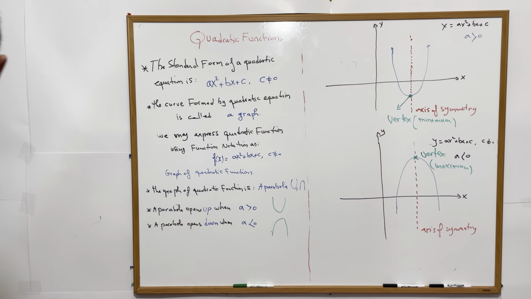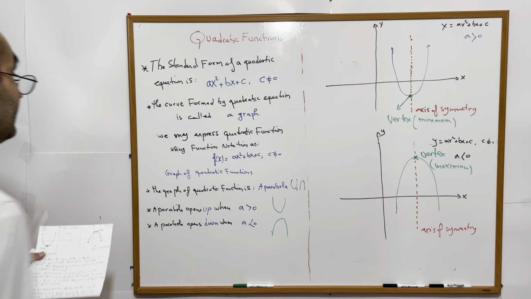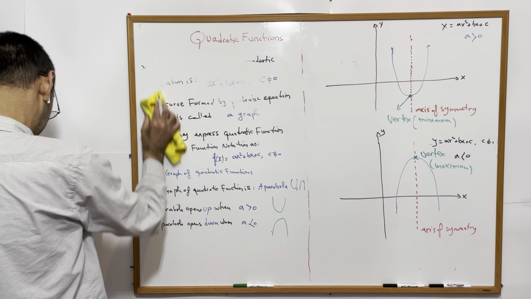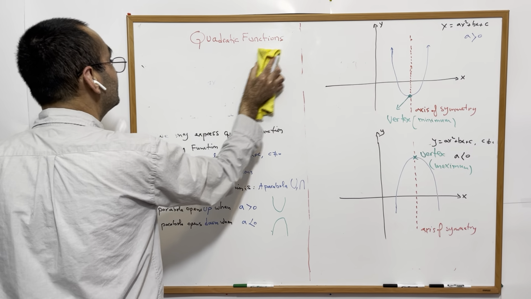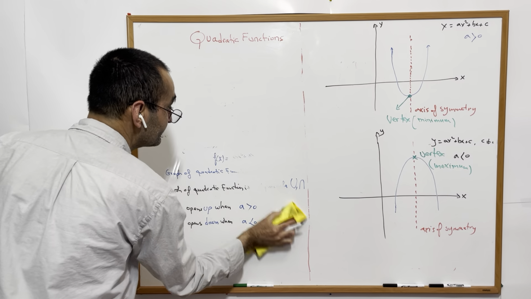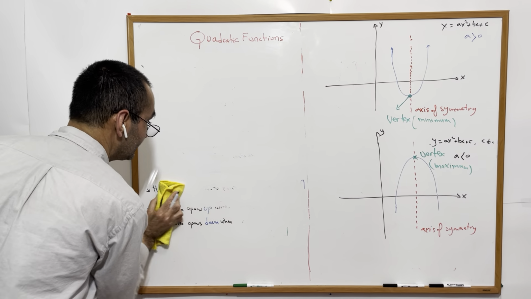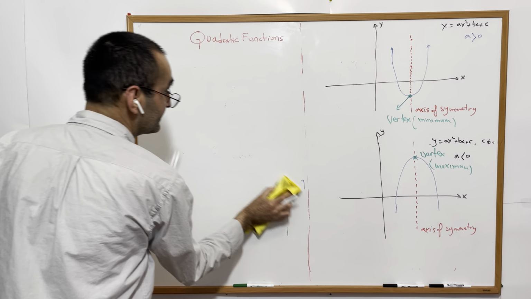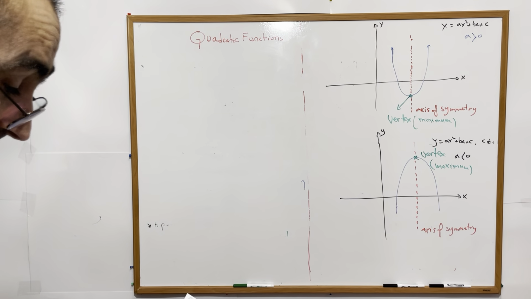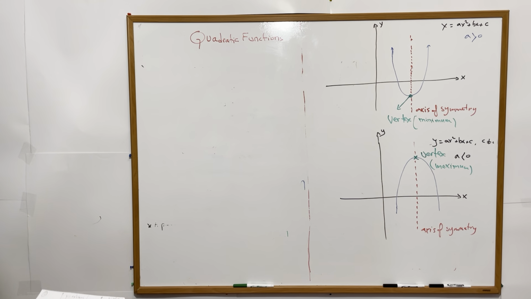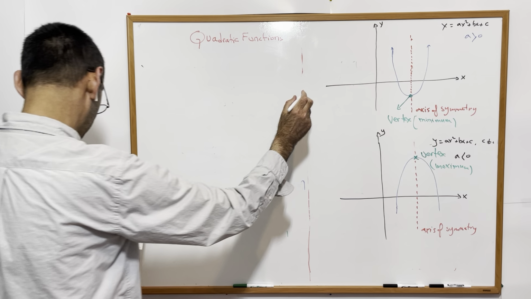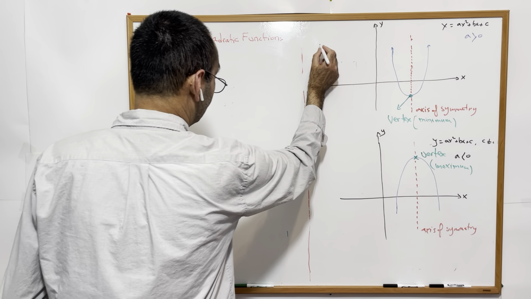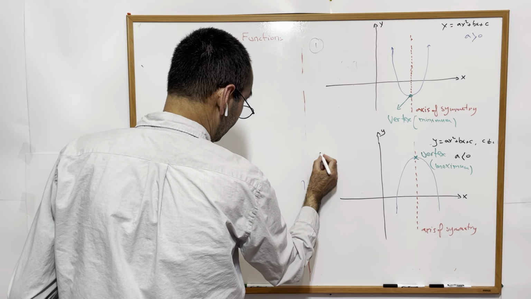Now we are looking for the x coordinate of the vertex. Here is the first one, and this is the second one.